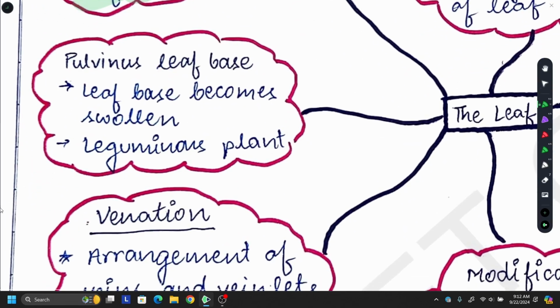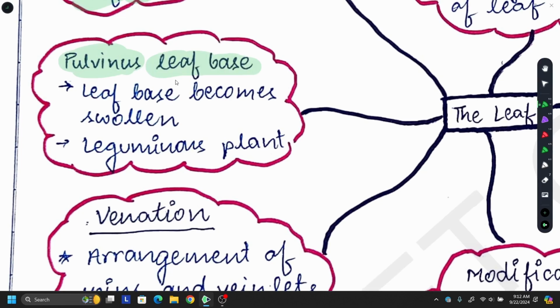Now what is pulvinous leaf base? In the plants of pulses, you can see all the pulses in the leguminous plants. What are leguminous plants? The plants of pulses, for example gram, and we have arhar.